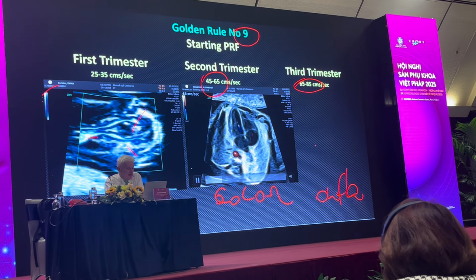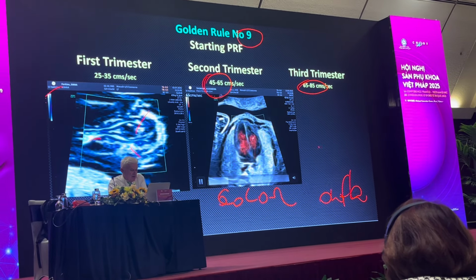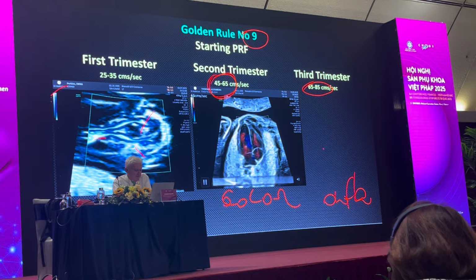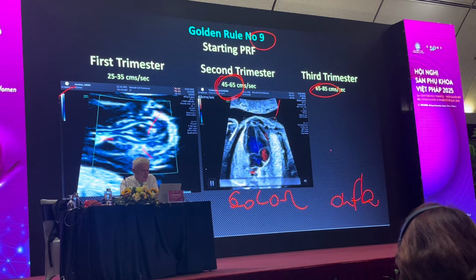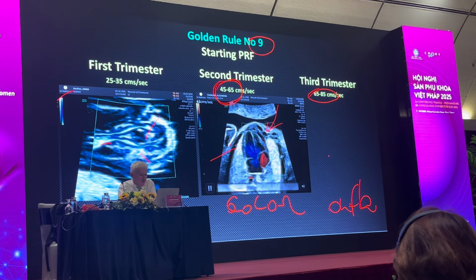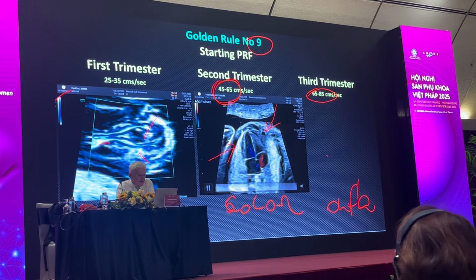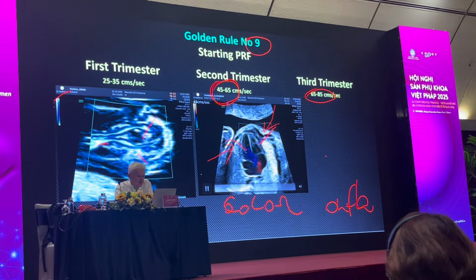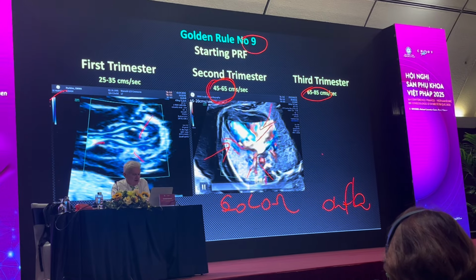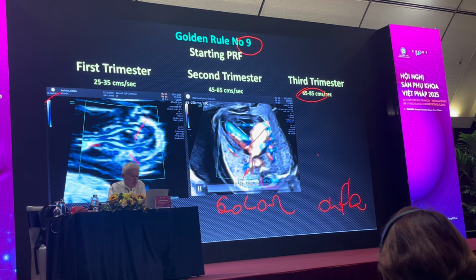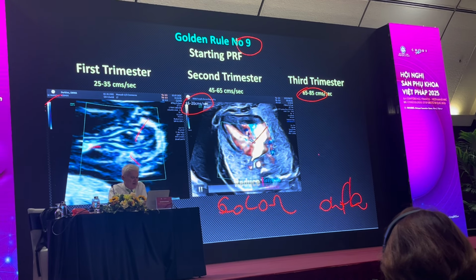When I'm looking at the second trimester, I set my PRF at 45 to 65. I then also have the option of using the newer technologies of glass flow, where I can see the ventricular fill in the right and left ventricle, ventricular fill in the right and left atrium. If I want to look at the pulmonary veins, I drop my PRF to 15 centimeters a second.